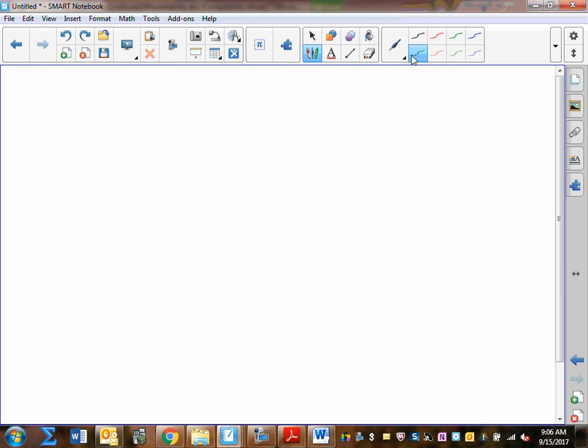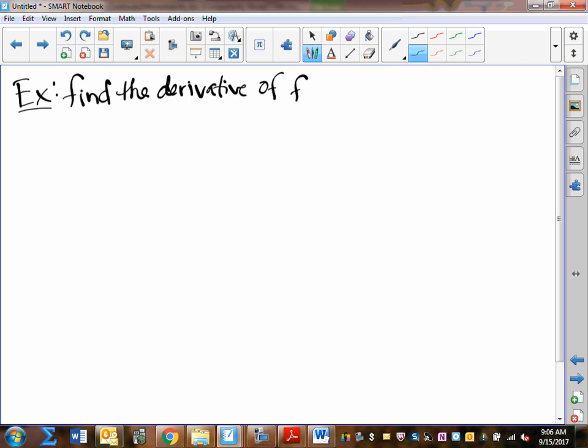So our example here: the derivative of f of x equal to just 5x cubed. Nothing too crazy.